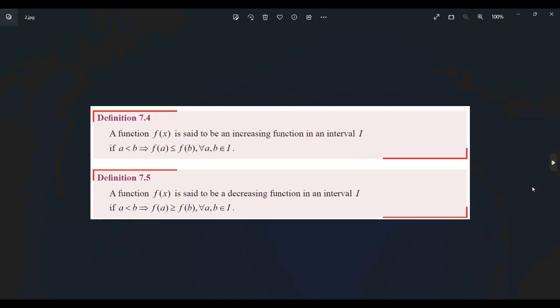A function f of x is said to be a decreasing function in an interval I if a less than b implies f of a greater than or equal to f of b for all a comma b element of I. So this means that as we move from the left to the right side on the x-axis, the function value keeps on coming down.